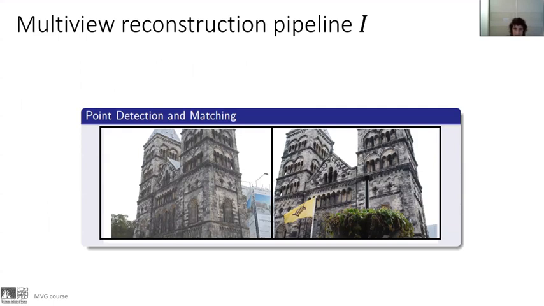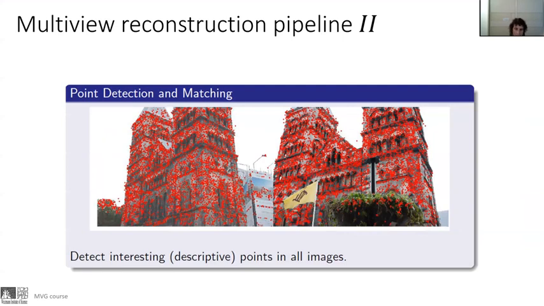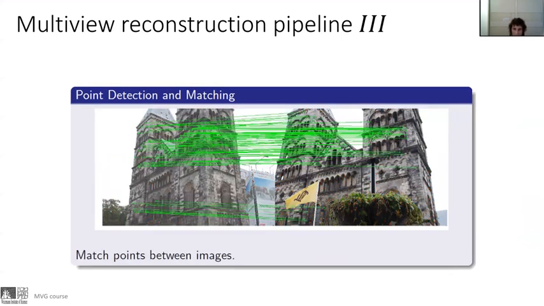So now let's dive from the high level into the multi-view reconstruction pipeline. In general, you have many images; here you see only 2. The first task is point detection and matching between the images. You first detect interest points or key points in all images, such as corners and edges, and then you try to match between the images according to these points.